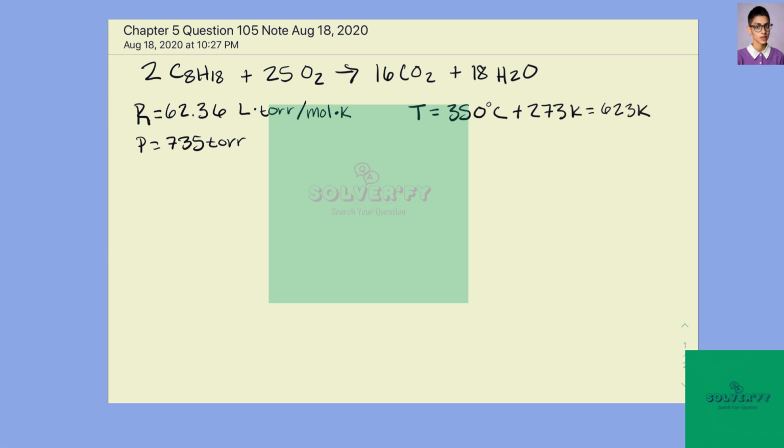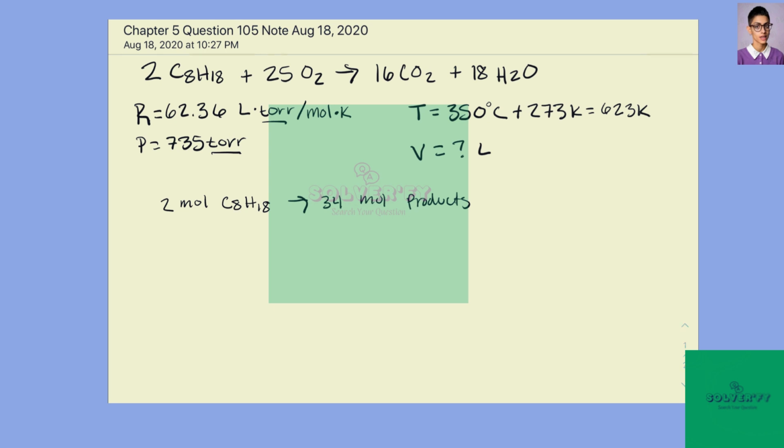Since our pressure is in torr, and I'm using an R value in torr, I'm just going to leave our pressure alone. And in part A of this problem, we are looking for the volume of our gaseous products in liters. Alright, so according to this balanced equation, we know that for every 2 moles octane, or C8H18, that gives us 34 moles of products.